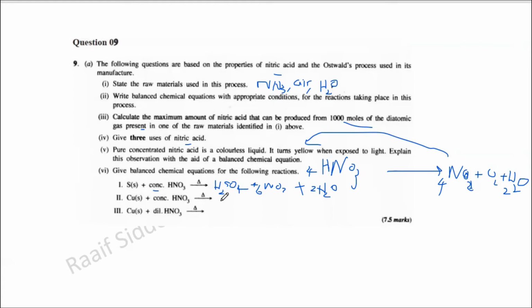Okay, so try to write these down and balance them, and you can check the balanced coefficients in the answer script if you need at the end. So this is a normal process that is related to nitric acid. Very small questions, 1 to 4, and then a little bit of theoretical behavior of nitrogen in HNO3.